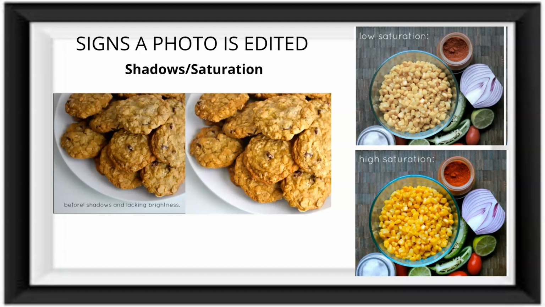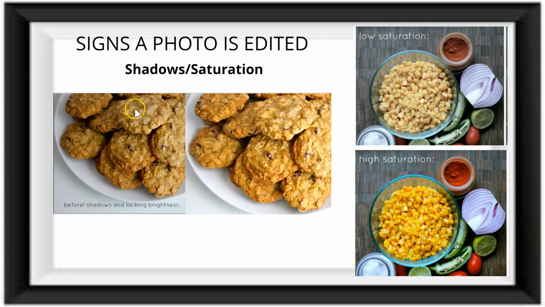And this is a big one when it comes to advertisements. We see it all the time in our McDonald's ads or really any ad for food, where you have that beautiful, glistening, juicy burger and you get it in real life and it's not as perfect. That is because of the shadows and saturation in the editing process.